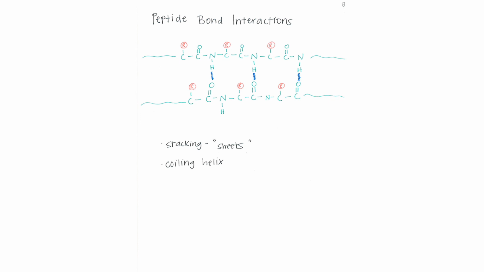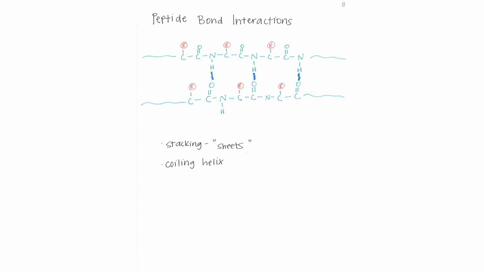On the top, you have a length of a protein. I'm just showing the R groups as R groups, but you see the peptide bonds, the C double bond O, N H, and then another R group, C double bond O, N H, and then another R group. That's the peptide bond. So on the top you have one length, on the bottom you have another length of a particular protein.